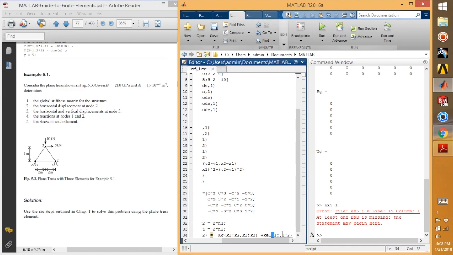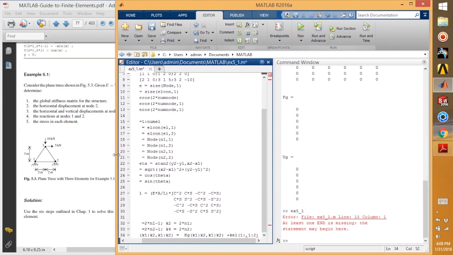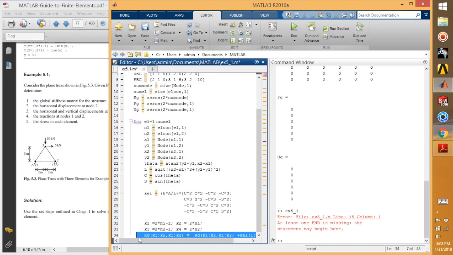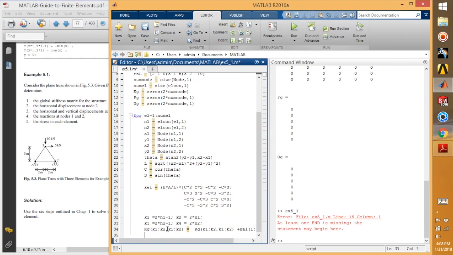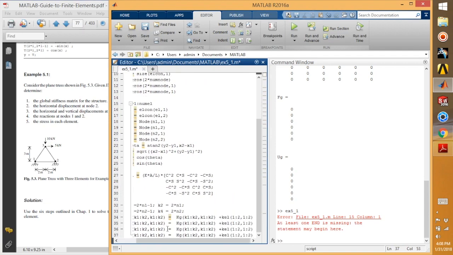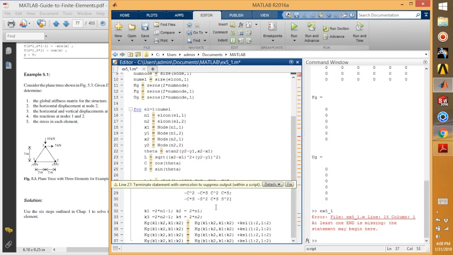Let's make this big. Okay, 1 to 2 is missing, so let's copy paste this 4 times. First we have 1 to 2, 1 to 2, then 1 to 2, 3 to 4.